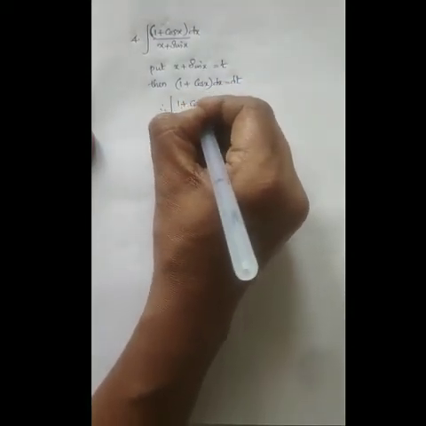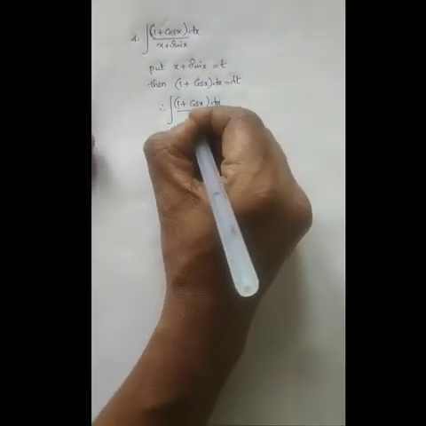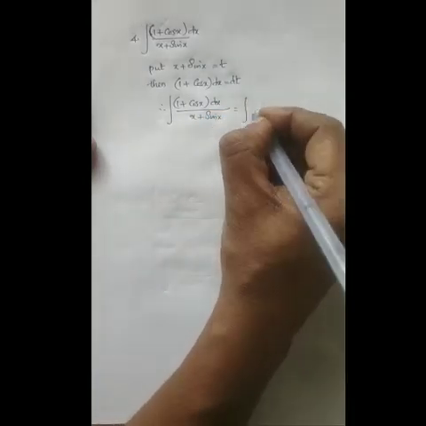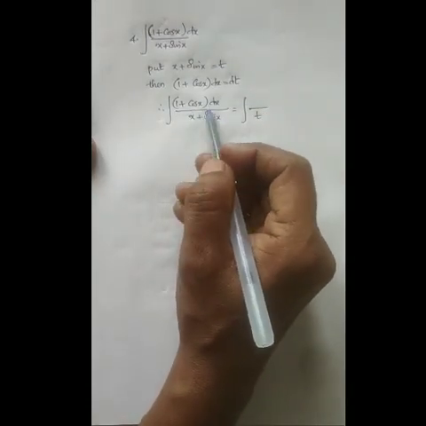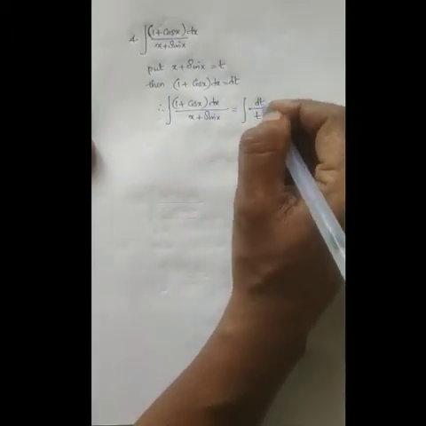And the integrand becomes (1 plus cos x) into dx divided by x plus sin x, equal to integral of, x plus sin x is equal to t, and the numerator (1 plus cos x) into dx can be written as dt.